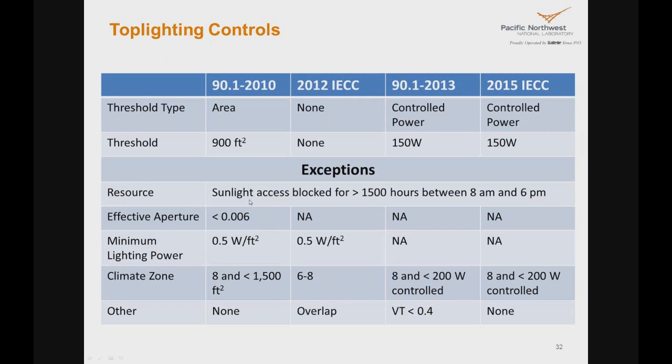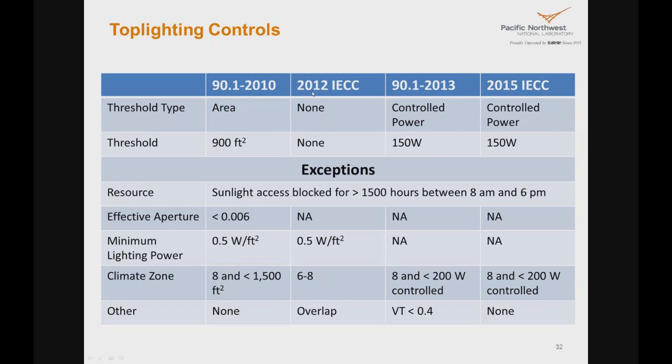For example, if the sunlight access is blocked for 1500 hours between 8 a.m. and 6 p.m., then you don't need to do daylighting. This may be again because there are exterior structures that are blocking sunlight access to the roof.